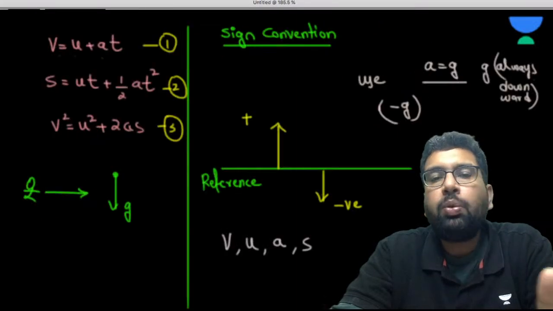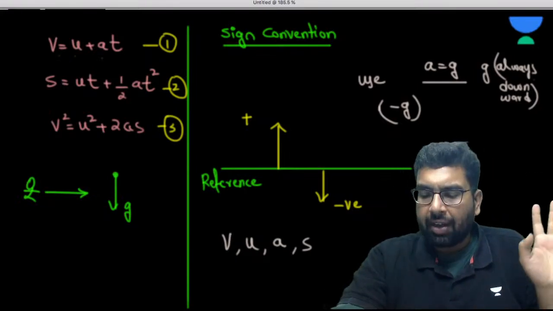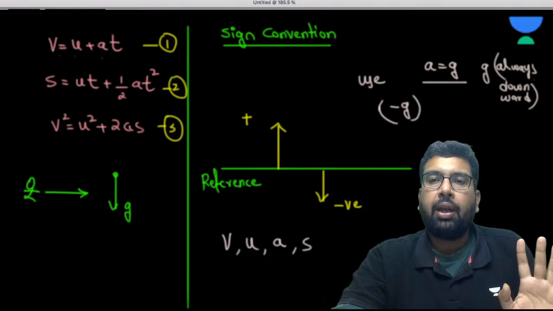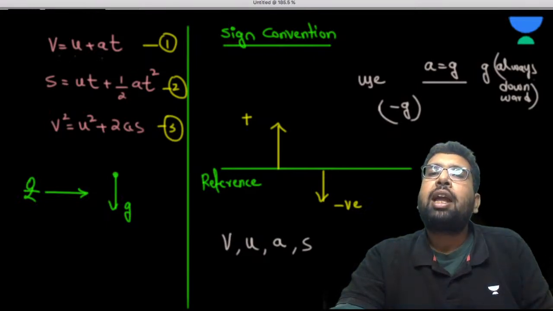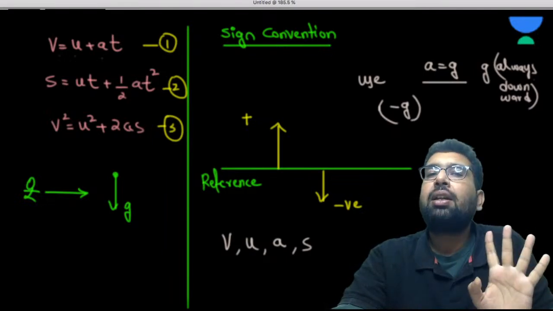Now I have given you a sign convention that we must always use whenever a gravity case comes up. This is the basis of projectile motion, and I'll be doing projectile motion using the same sign convention.